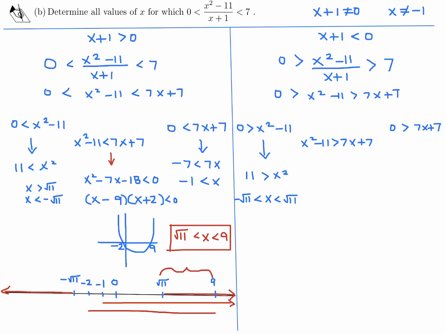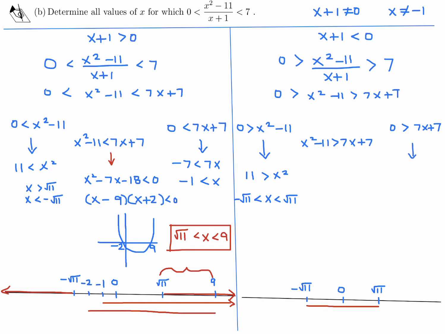As before, it's always nice to put this on a number line. Makes it a little bit easier to understand. So if this is 0, again, root 11 here, negative root 11 here. And our first range is in between those two. Now let's move forward to the next one.